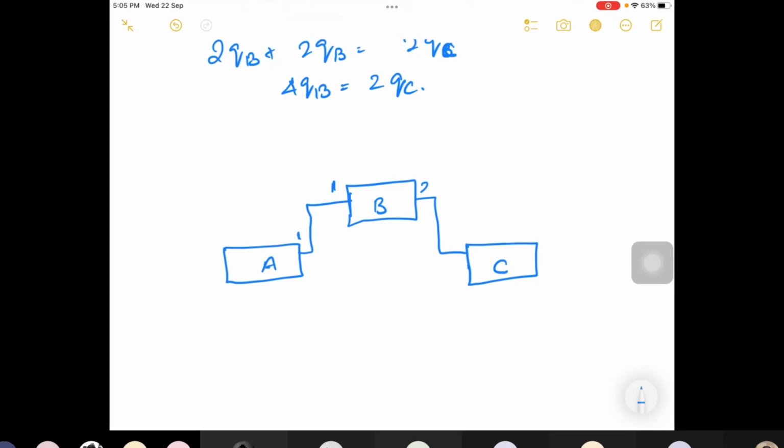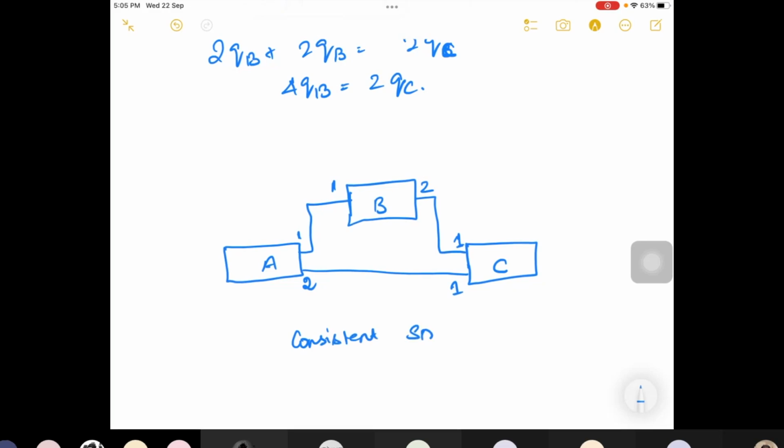That means when B is fired 2 times, C will be fired once. Similarly, from A to C, when A is fired twice, C is firing once. So C fires 2 times, one for B, another for A. So this is a consistent SDF model, a consistent SDF data flow model.